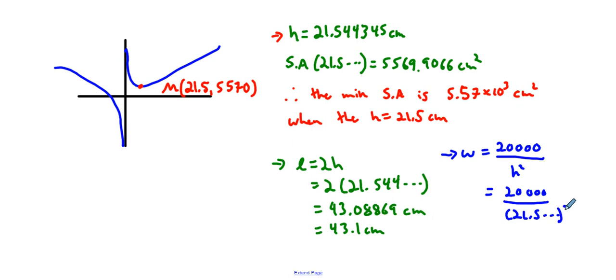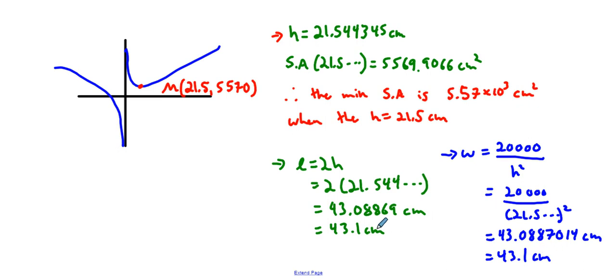And that's squared. Don't forget that squared. It's so easy to forget those types of things with these problems. What we get here is 43.0887014 centimeters. And again, rounding to 3 sig figs, 43.1 centimeters.